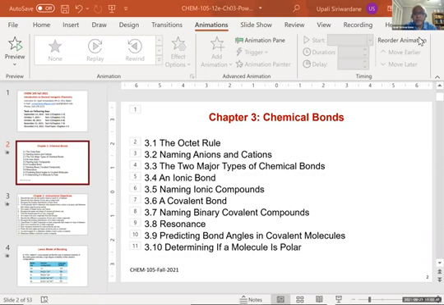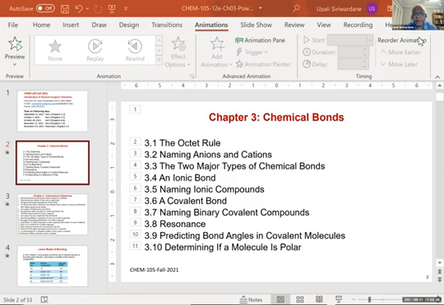Use the octet rule to describe the bonding. So we have gone over two types of bonding, ionic bonding and covalent bonding. First, we start with ionic bonding.